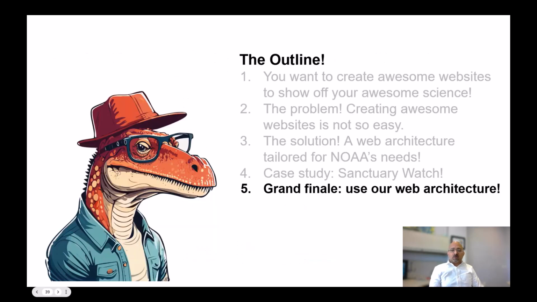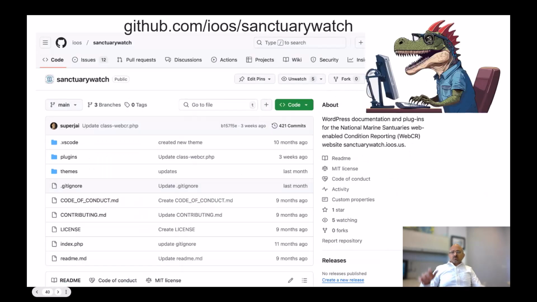Okay, grand finale. So thanks to our partners, our wonderful spandex-clad partners at iUse, all of our code is available through the repository. iUse has a repository in GitHub, and we've got like a sub-repository there called Sanctuary Watch.